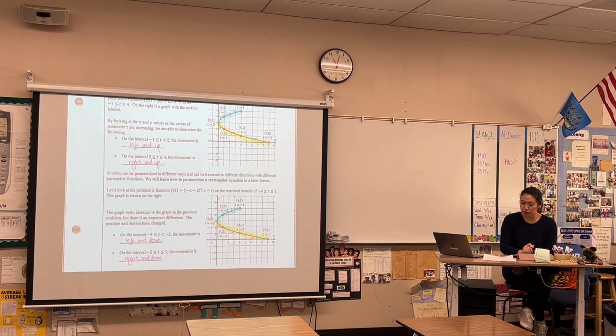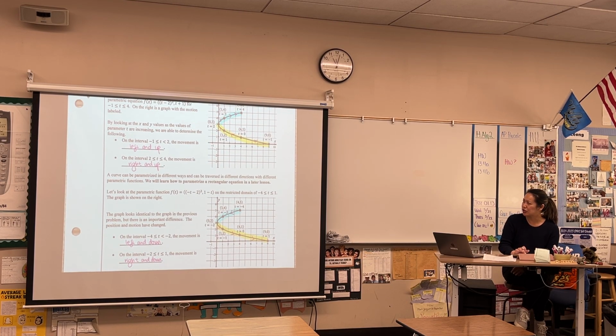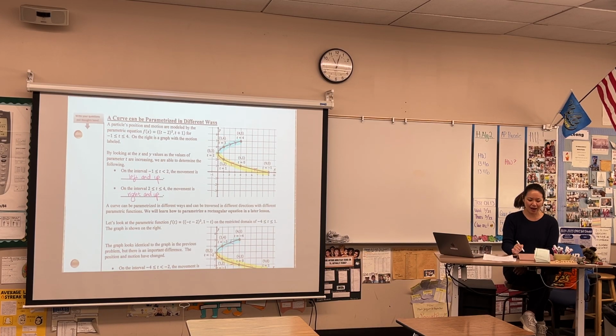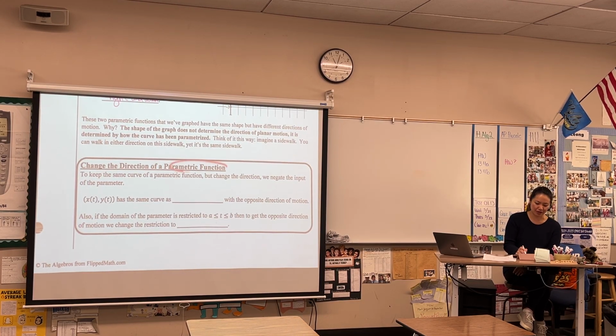So how can we actually use this? If I have this, how do I get to that? That's what this box is for: changing the direction of a parametric function.